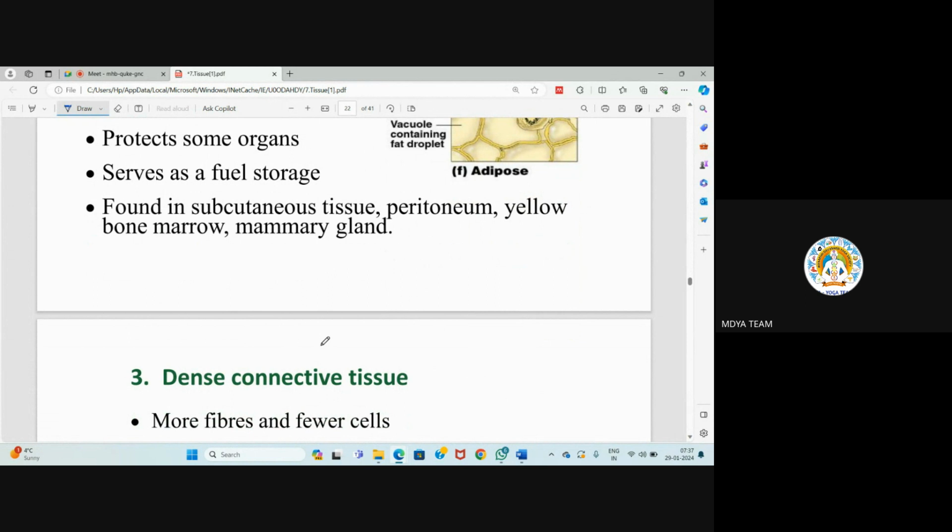All these organs are present in the peritoneal cavity. So that region is known as peritoneum. So adipose connective tissue is present in peritoneum too, and in yellow bone marrow and mammary gland.